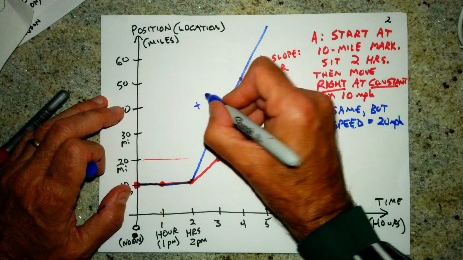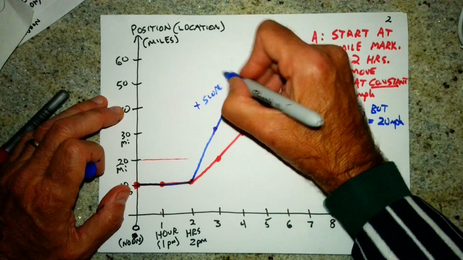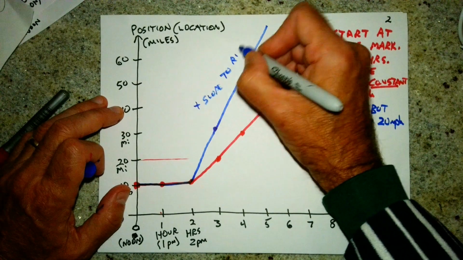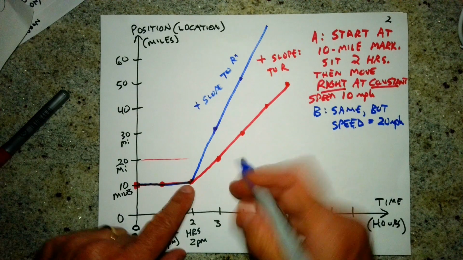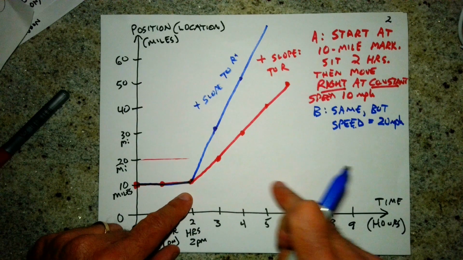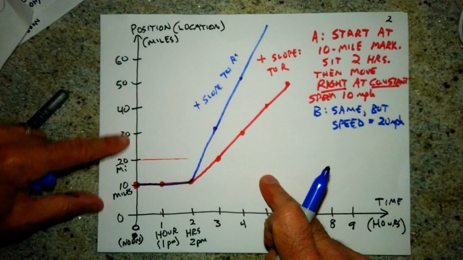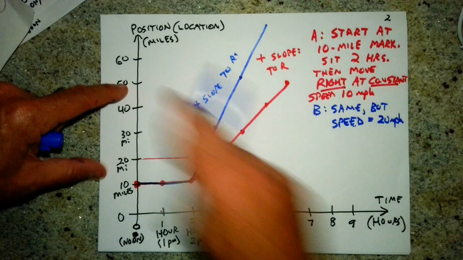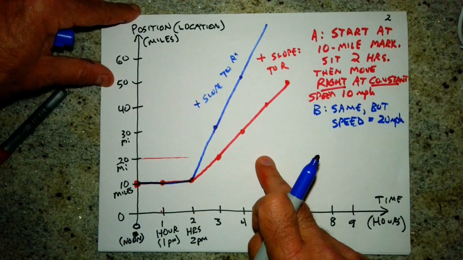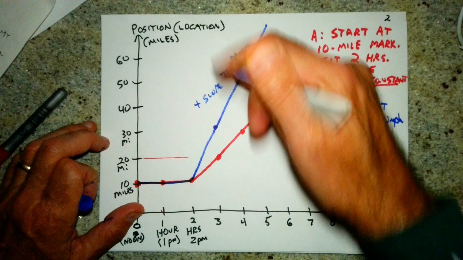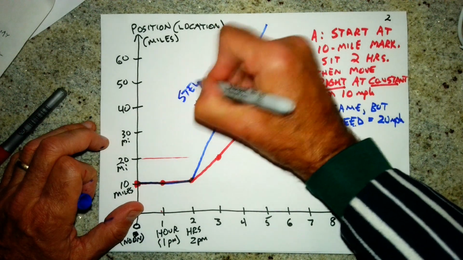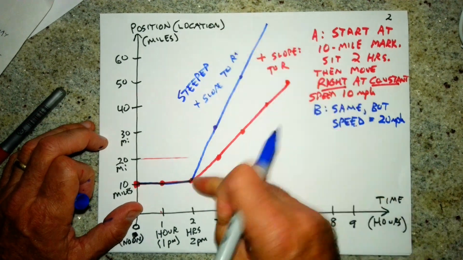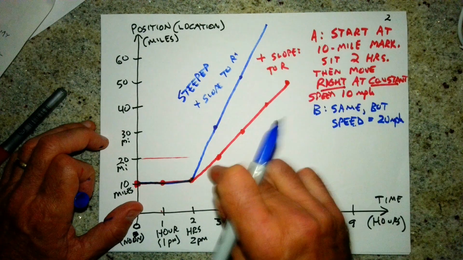Okay, this also has a positive slope, so that means it's moving to the right. The numbers, as the clock ticks and the time goes into the later afternoon, the position values up and over, up and over, up and over get bigger, which means moving to the right. And this slope is steeper because each hour the position changes by more than it did for the red one.